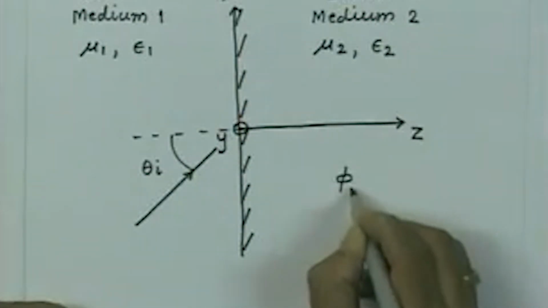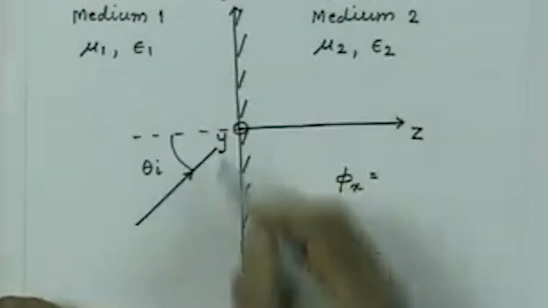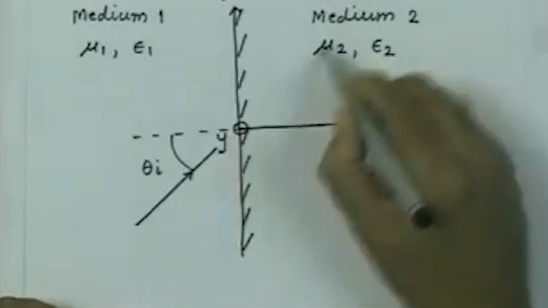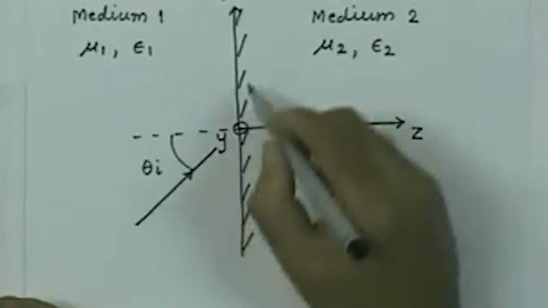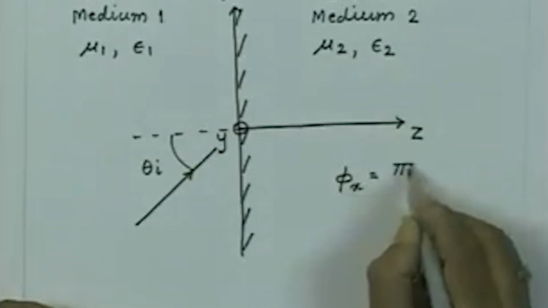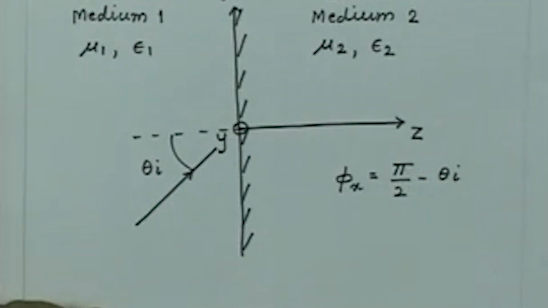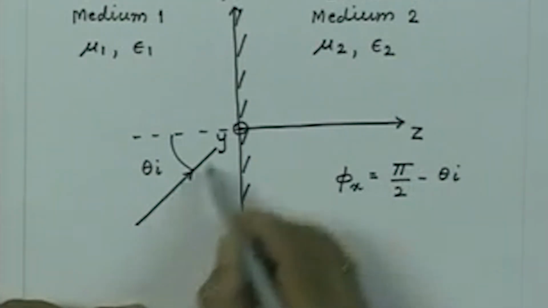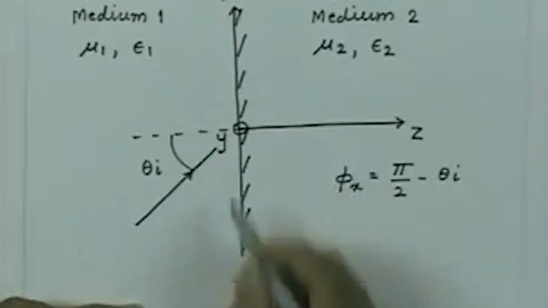So phi x is the angle which the wave vector makes with the x axis. If I extend this like that, this angle will be theta I. So the angle which the wave vector makes with the x axis will be pi by 2 minus theta I. The angle which the wave vector makes with the y axis, which is perpendicular to the plane of the paper, will be 90 degrees.